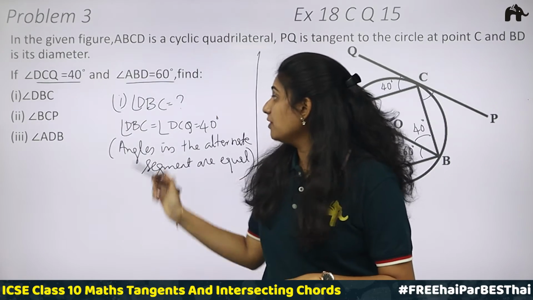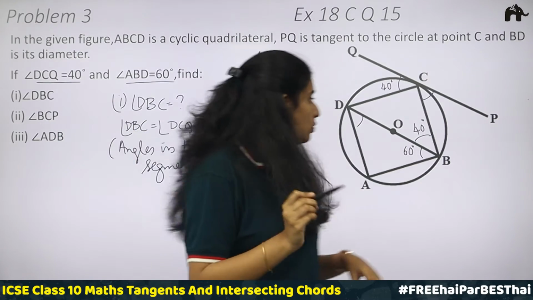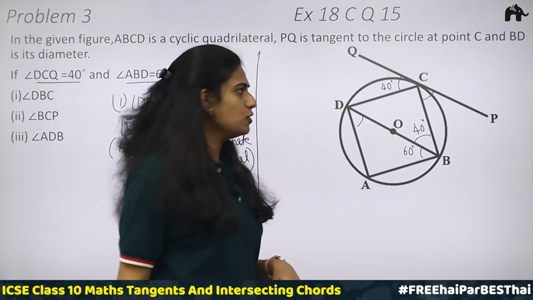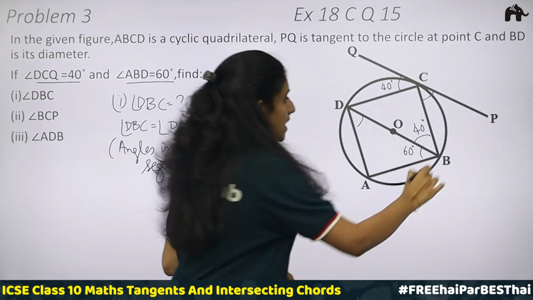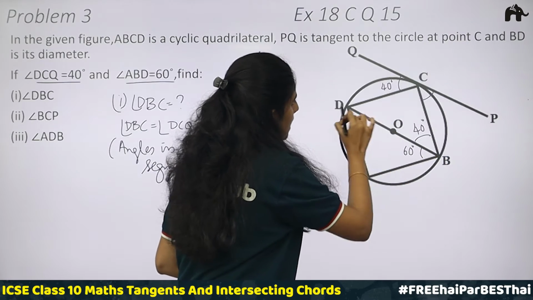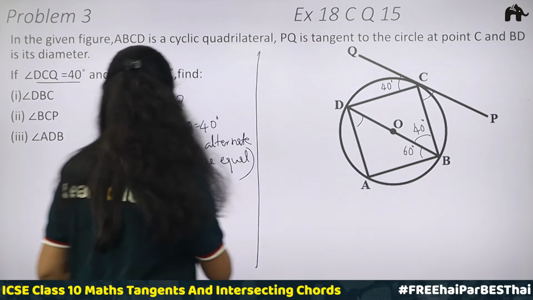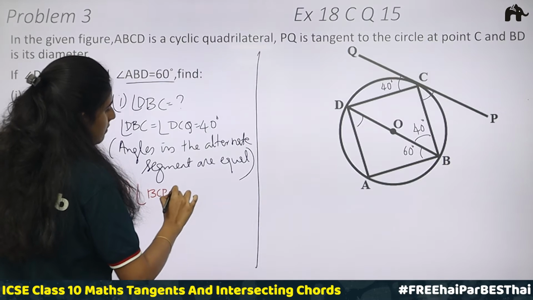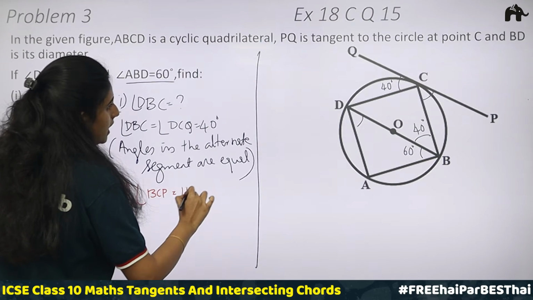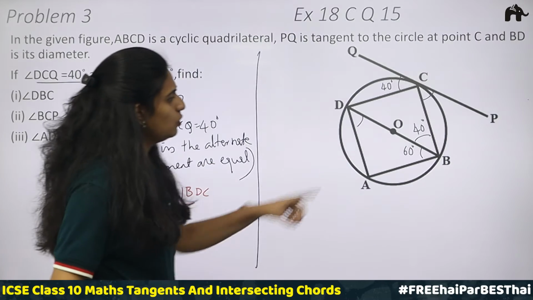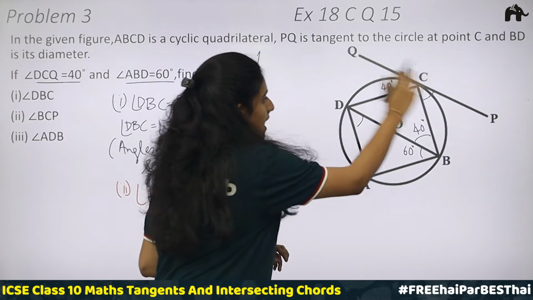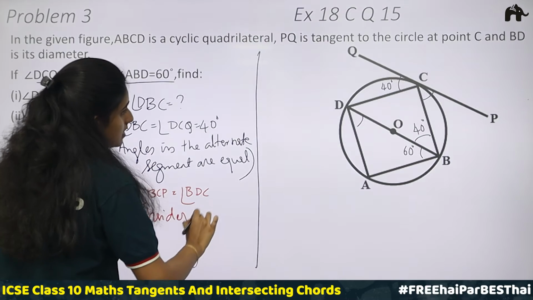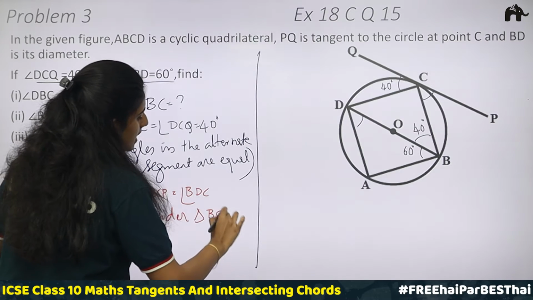Now, the next one we have to find is BCP. Where do we have BCP? BCP is this angle. How to find BCP? BCP and BDC will be equal. Angle BCP will be equal to angle BDC. Is there any method to find BDC? Consider triangle BCD.